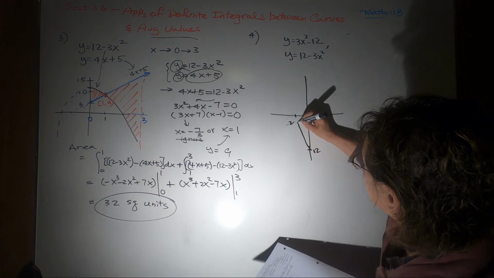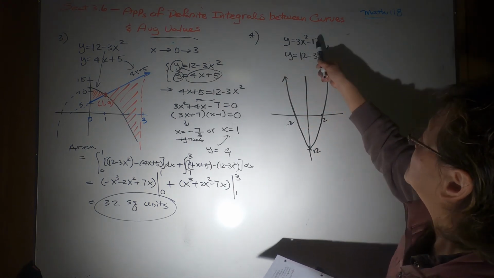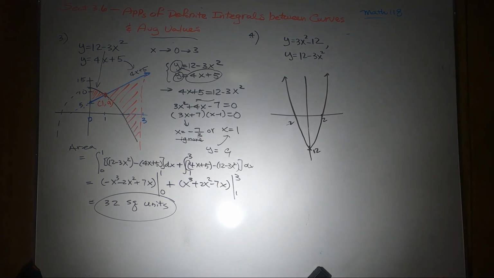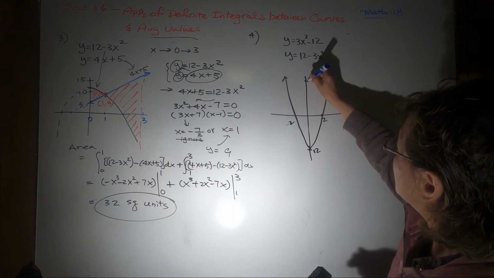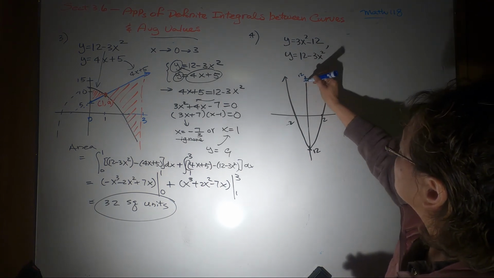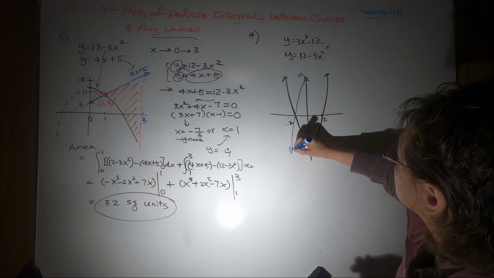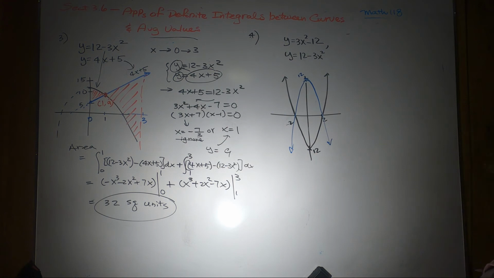So your curve will look like this. Opens up, parabola, right? The next one, the parabola opens down, with vertex at 12. Then it looks like this.